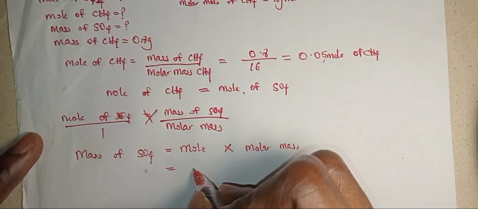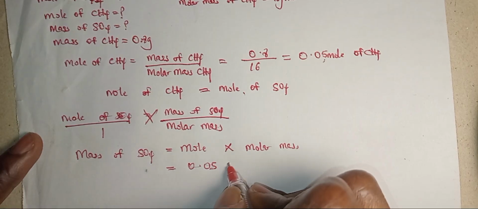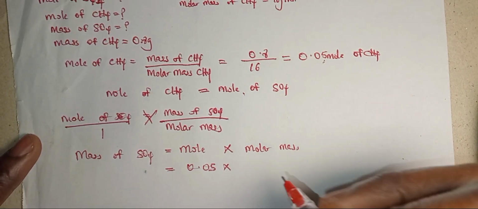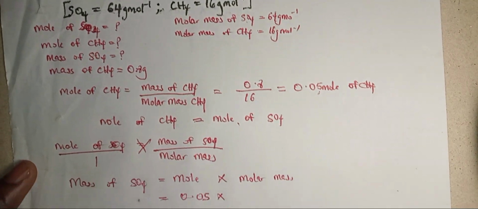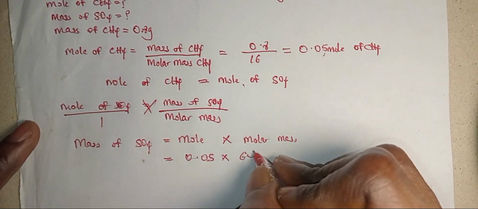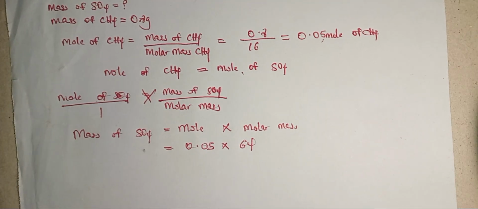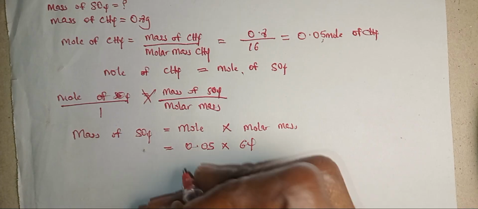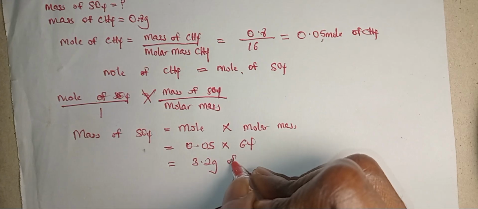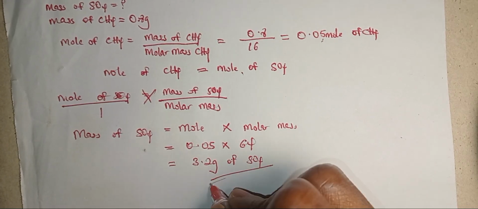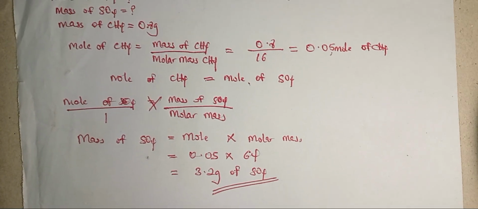So the mole is 0.05 multiplied by 64, the molar mass of SO2. So 0.05 multiplied by 64 gives us 3.2. So we get 3.2 gram of SO2. So that is our final answer.